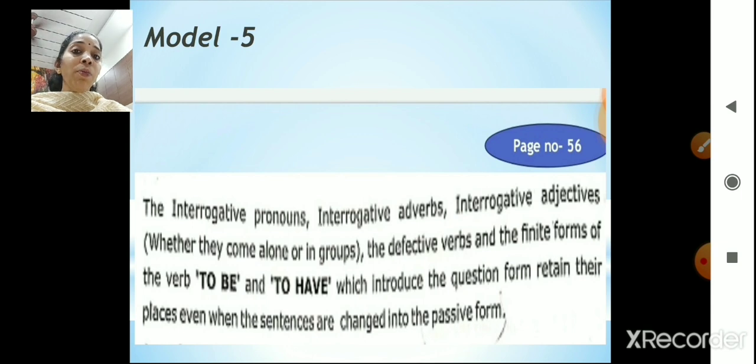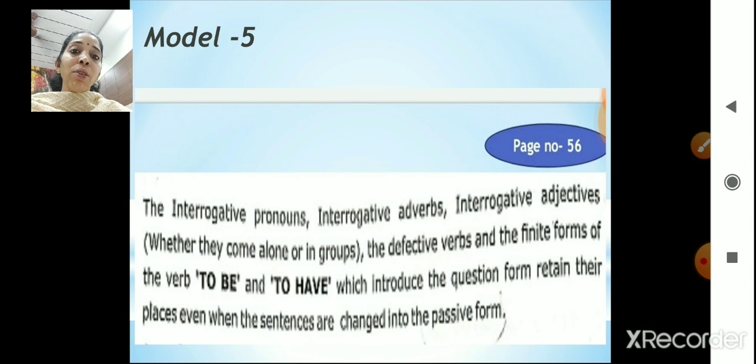It is a pronoun which is used to make asking questions easy. And the examples of interrogative pronouns: what, which, who, whom, and whose. Then also I explained to you interrogative adverbs.